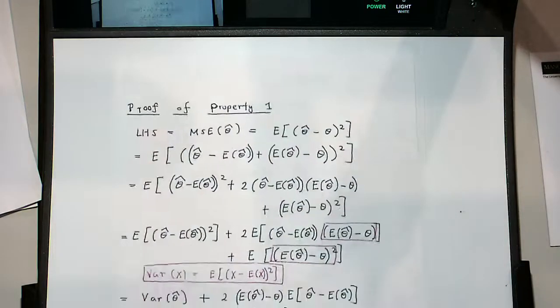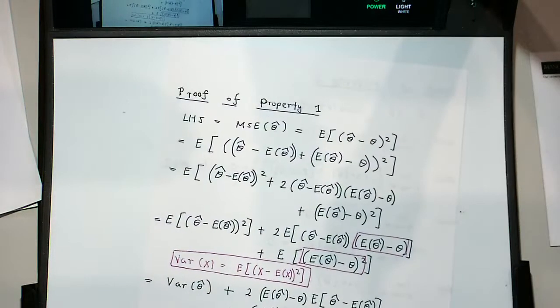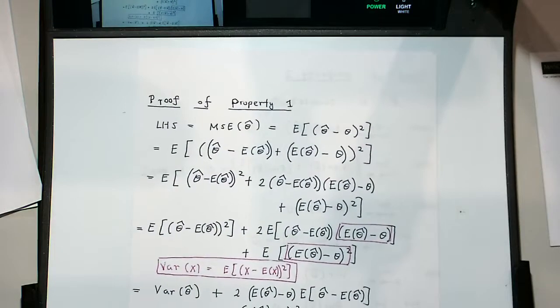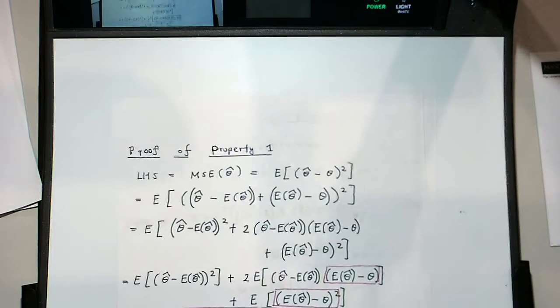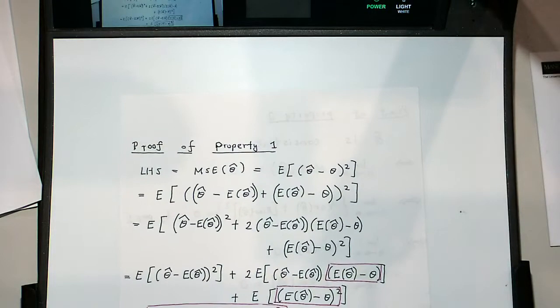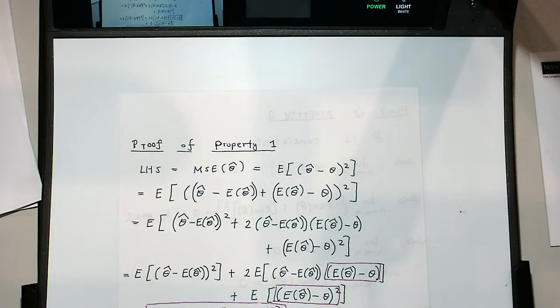So the first property, I hope you did. I'm not going to go through these proofs because I hope all of you watch the video and try to understand the proof. If you do not understand, this is the proof of property 1. If you did not understand the proof, please contact me 24/7 by email, Skype, Zoom, or phone.